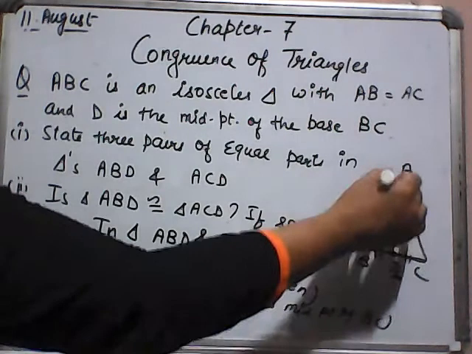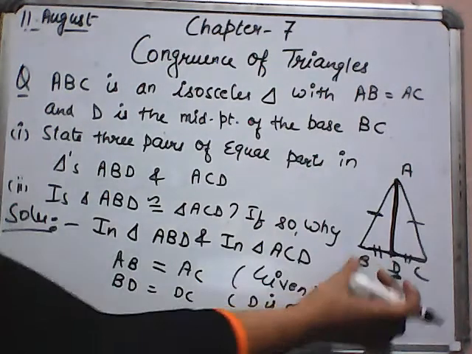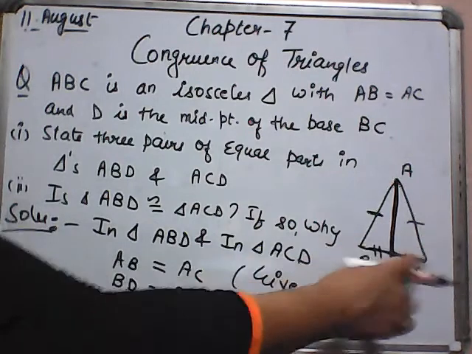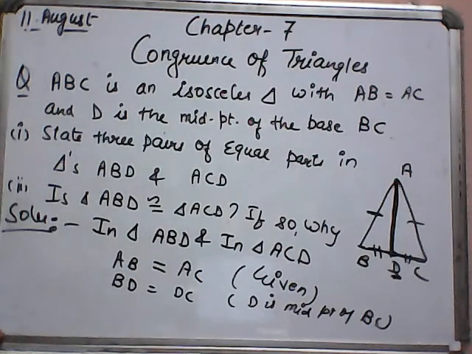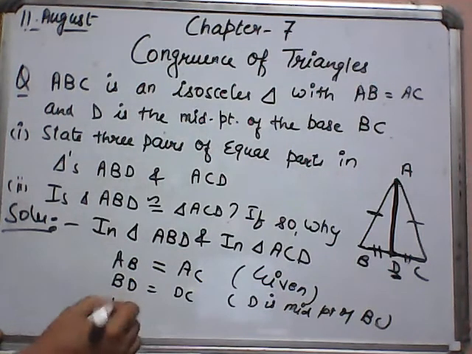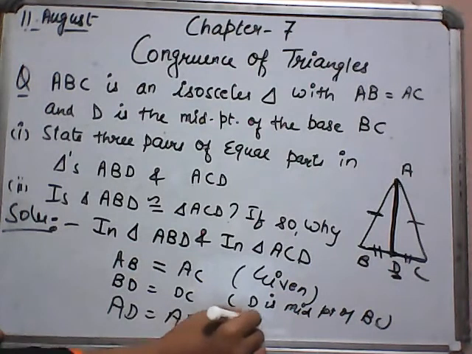Now, AD line segment is in the triangle ABD. This line segment is also in the triangle ACD. AD is a common line segment in both the triangles. So, we can say AD is equal to AD, common side.